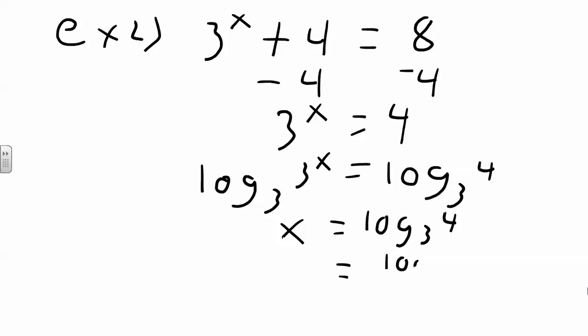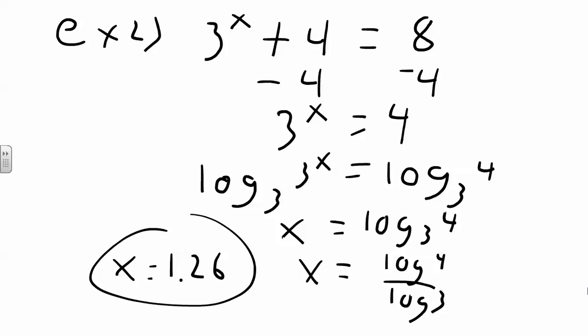So this is log 4 divided by log 3, and again punch that into your calculator. Log 4 divided by log 3 is 1.26, so x equals 1.26. Alright, let's do one more example.